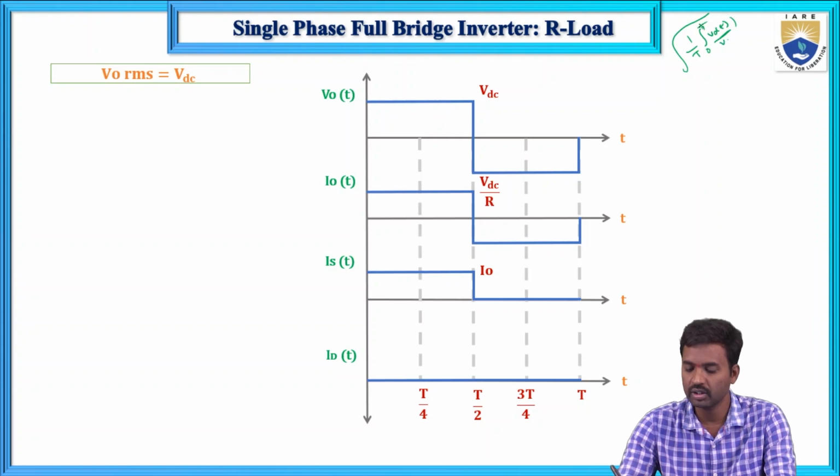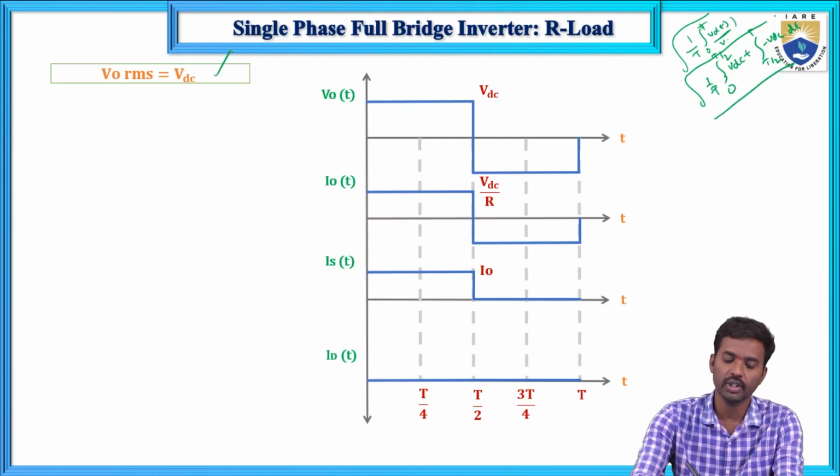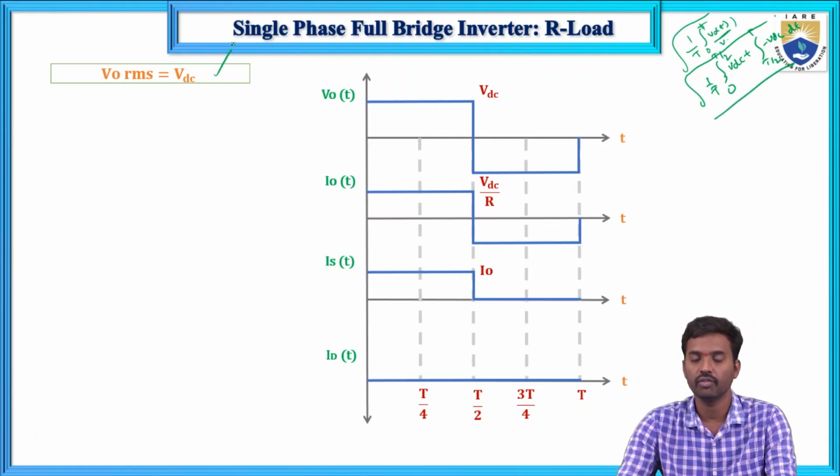So it is divided into 0 to T by 2 and T by 2 to T, VDC and minus VDC, dt, and 1 by T. So this is the case. If you do this, you will get the RMS output voltage V0 equals VDC.